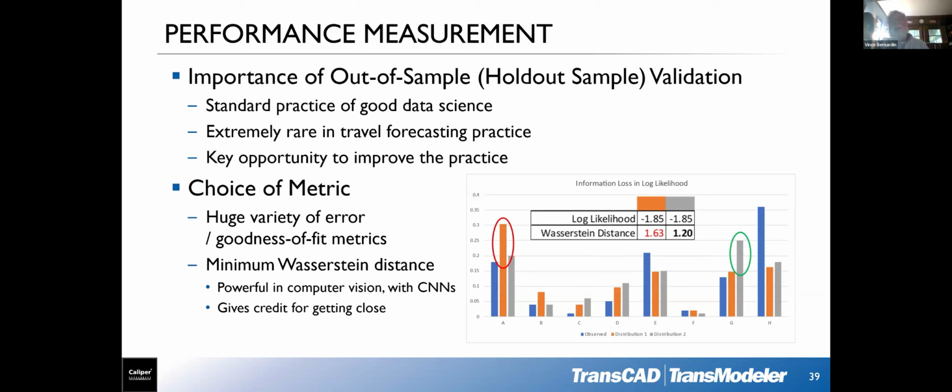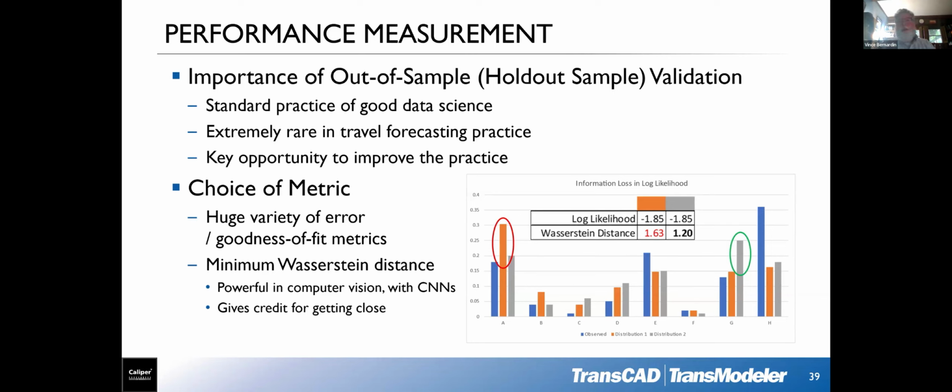Another really key insight from this was thinking about those error metrics and what is the proper error metric. For destination choice, we were convinced that the proper metric is really a Wasserstein distance, not log likelihood.